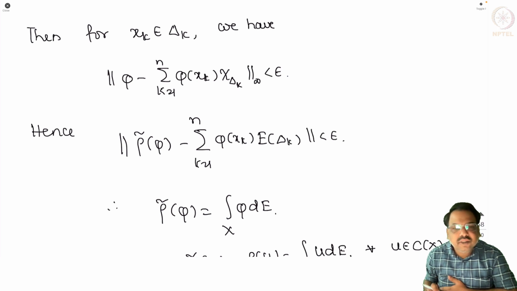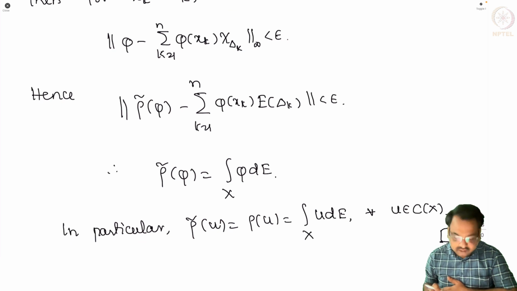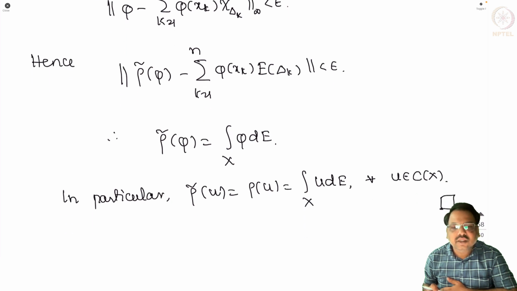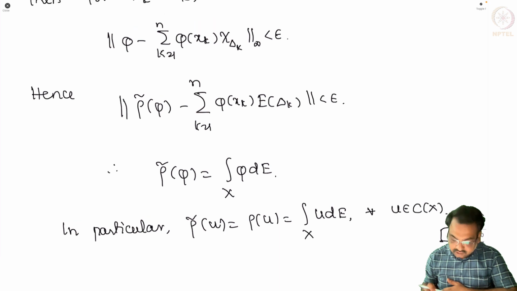Hence by the above inequality, we can conclude that the norm of rho tilde phi minus the summation k equal to 1 to n of phi of xk E of delta k is less than epsilon. So by definition, rho tilde of phi is nothing but the integral over X of phi dE. So in particular, when u is a continuous function, we know that rho tilde at u equals rho of u, that is, the integral over X of u dE, for every u in C of X.